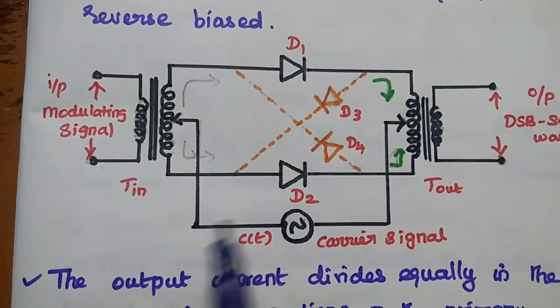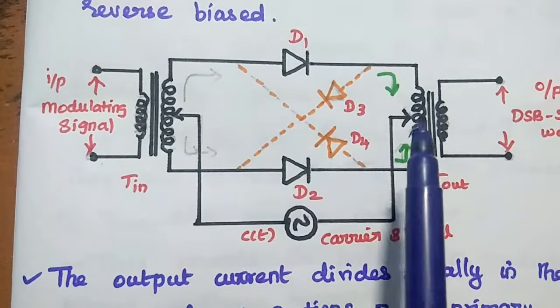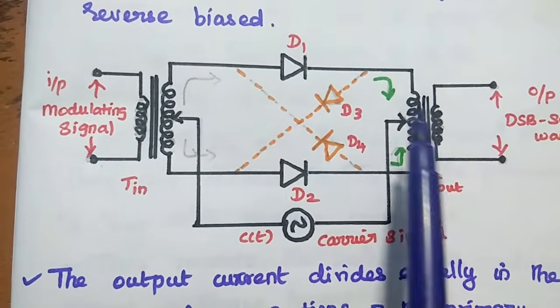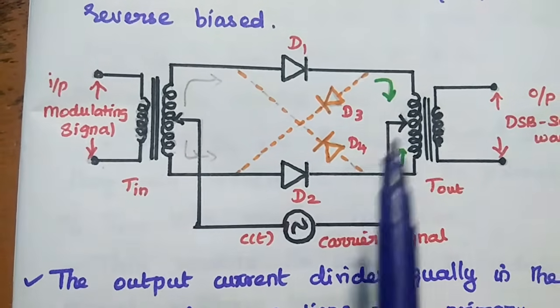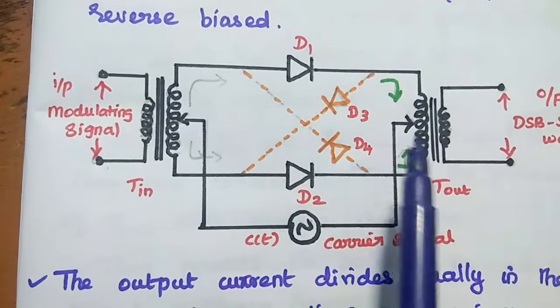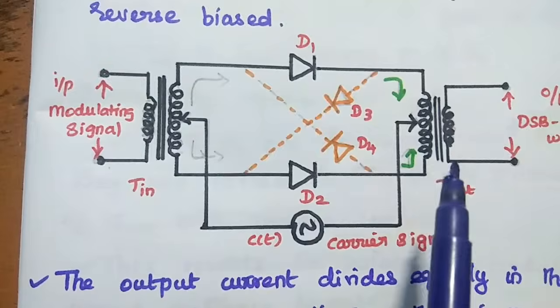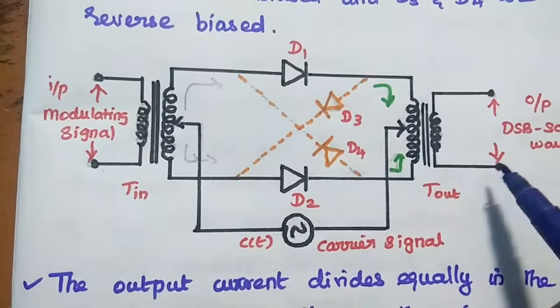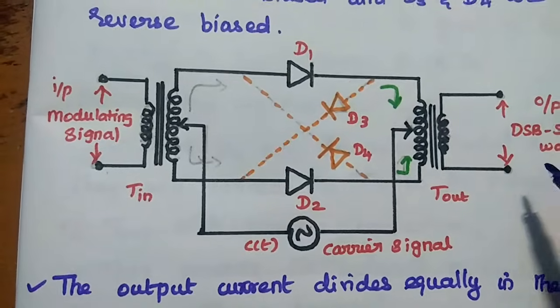Okay. So during this positive half cycle, the output current divides equally in the primary winding of the output transformer. So it divides equally in the opposite direction. Since it is in the opposite direction, the magnetic fields cancel each other. Therefore, there is no output signal.